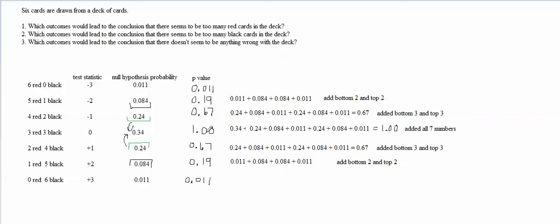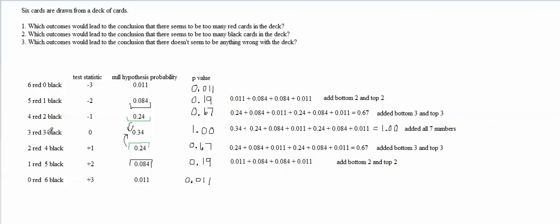Notice how the p-value here starts at 1 in the center when you have 3 red and 3 black. And then the further you get from that, meaning the more imbalanced it gets in this direction, when red starts to take over, the p-value gets lower and lower.